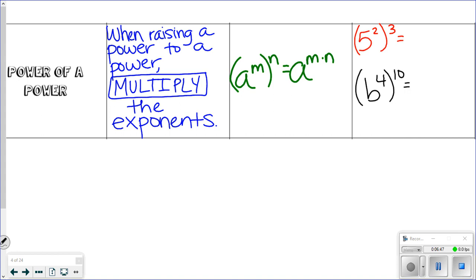So 5 squared raised to the third power. When we do that, it's 5. 2 times 3 is 6. Now type that into your calculator.